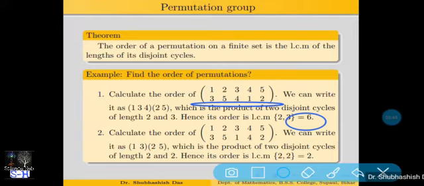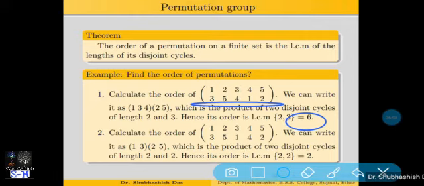Again consider an example of a permutation. We can write it as a product of two cycles again, with lengths 2 and 2.